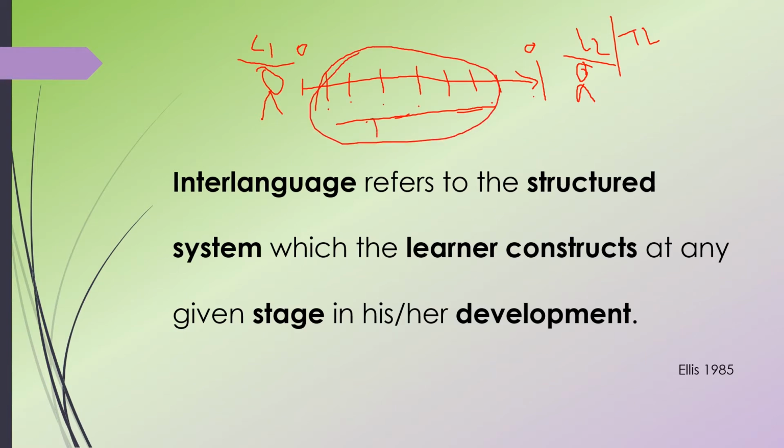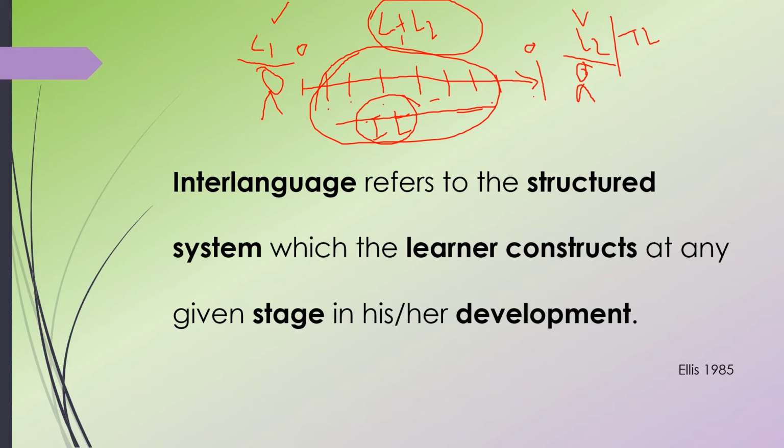That is what we are referring to as IL or interlanguage. So it is not L1, it is not L2, rather it is a mixture between L1 and L2. So you can develop this language in between. So that is what we are referring to as interlanguage.